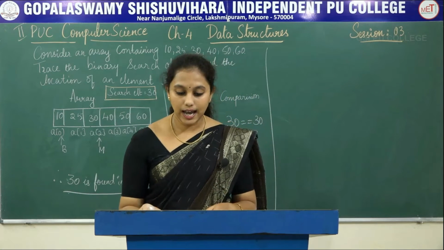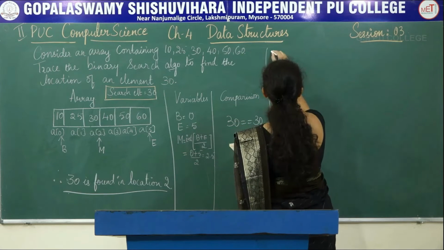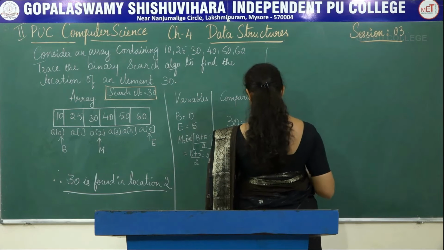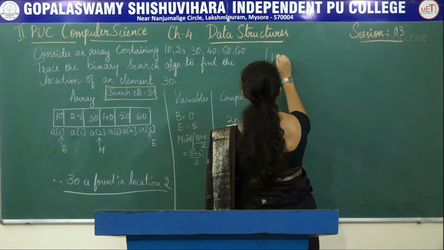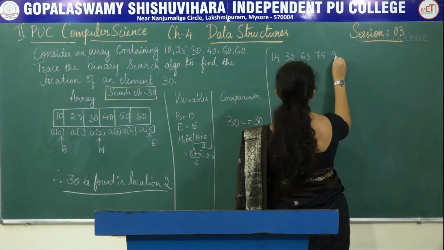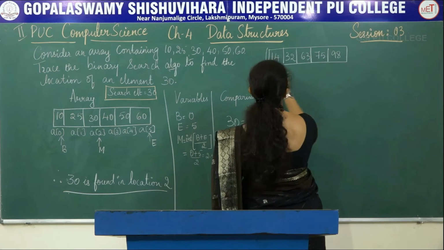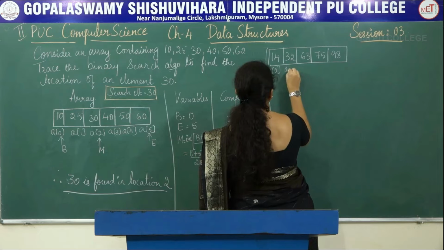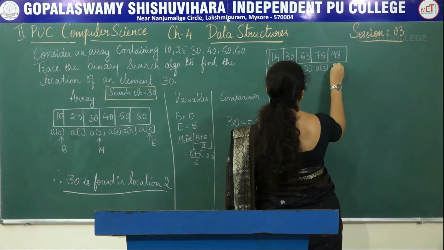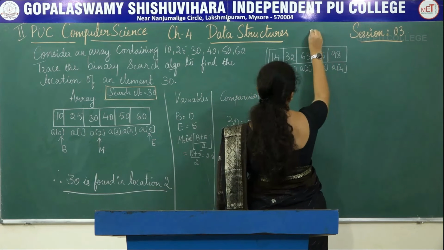So now let's see another example. The array contains 14, 32, 63, 75 and 98. The search element is 75.